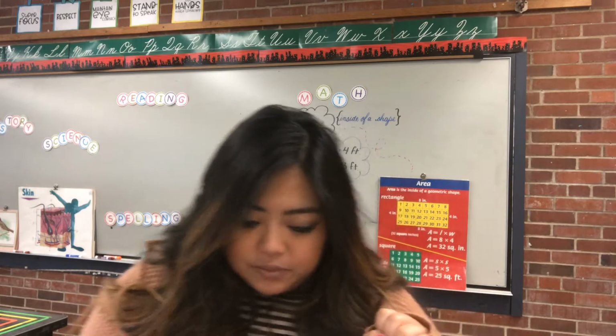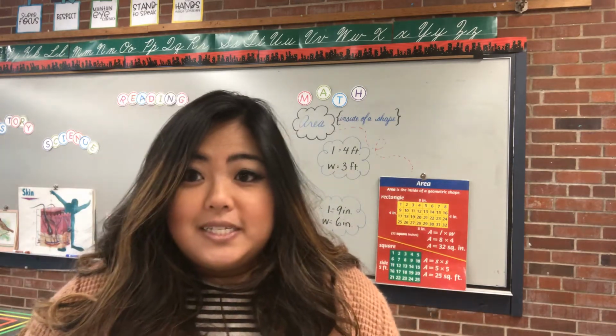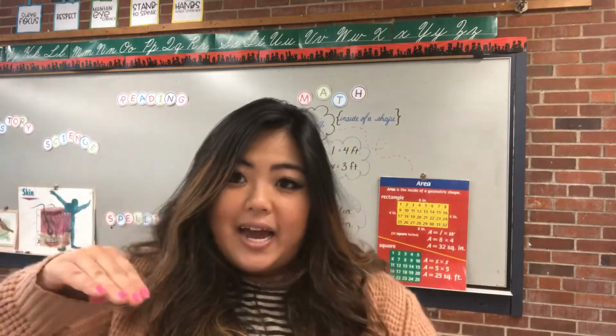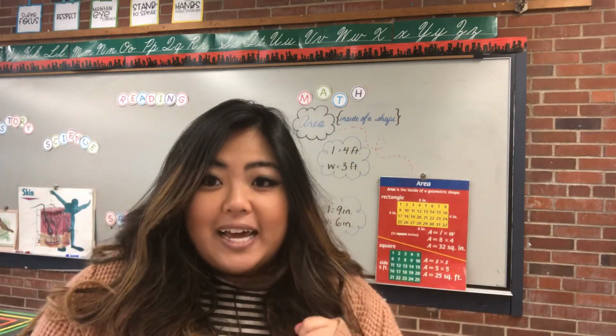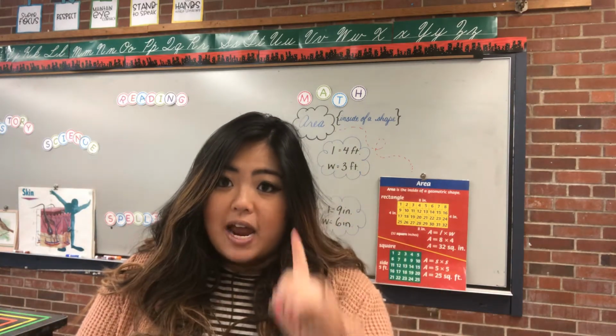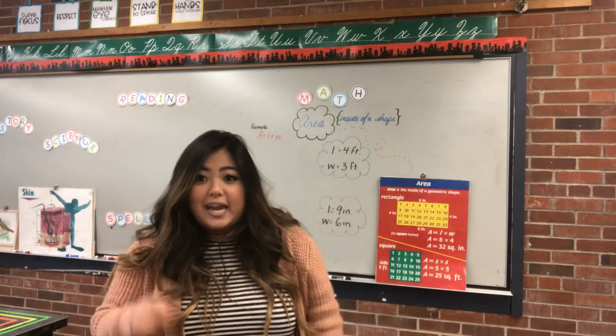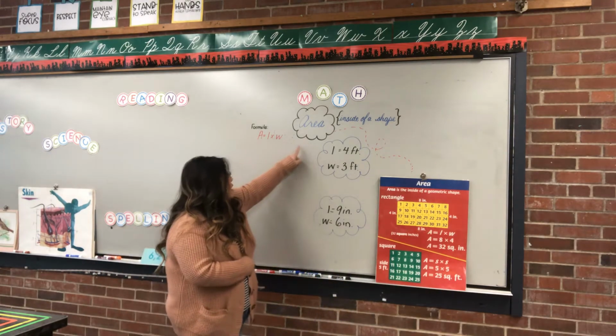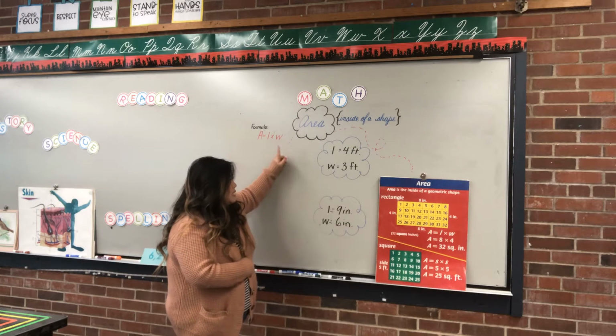One of the ways that we can do this is we can take one side times one side. Or there's a formula, A, standing for area, equals length times width. Area is the inside of a shape, and A equals L times W.